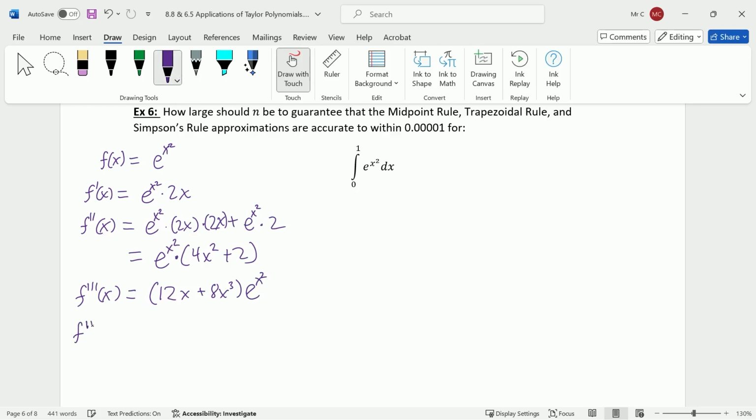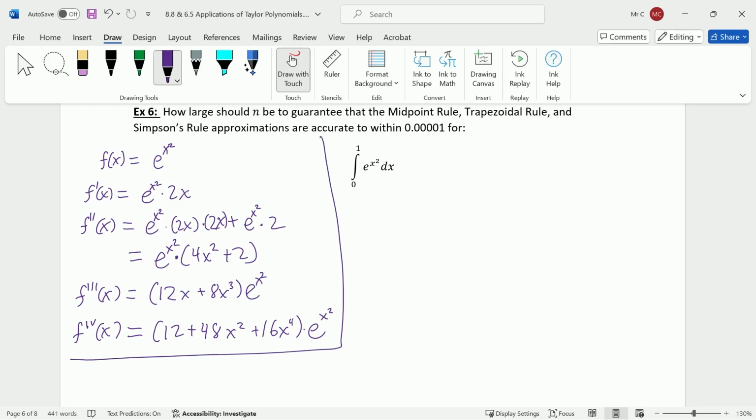And the fourth derivative will work out to 12 plus 48x squared plus 16x to the fourth, times e to the x squared. Okay, so that gives me all of my derivatives. And so now I'm also going to find my upper bound for the second derivative and the upper bound for the fourth derivative before I look at each rule's bounds separately.